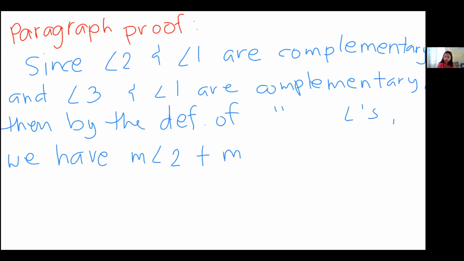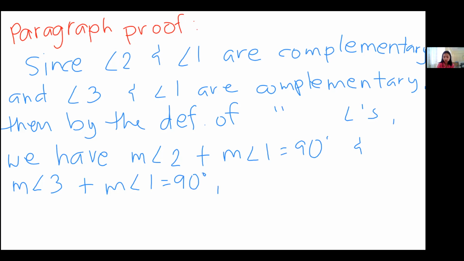Measurement of the angle 2 plus the measurement of angle 1 is equal to 90 degrees. And measurement of angle 3 plus measurement of angle 1 is equal to 90 degrees. Therefore, ayan, mahaba talaga siya. 'Di ba? Parang ginawa nyo lang in a paragraph form yung 2-column proof na ginawa natin kanina. Okay, so tuloy ko na lang siya, banggitin ko na lang.